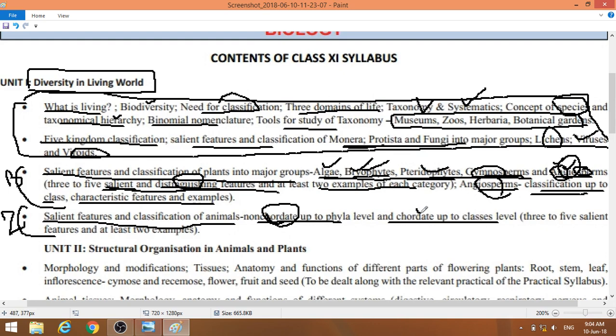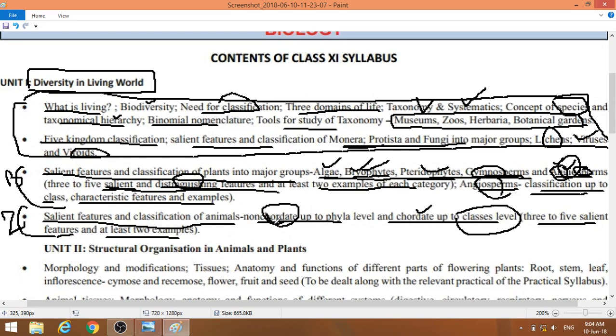But in chordates or vertebrates, you have to study them up to class level, like pisces, amphibians, reptiles, birds or aves, and finally the mammals. 3 to 5 salient features, and again 2 examples. So this is important. You have to study with examples and features.